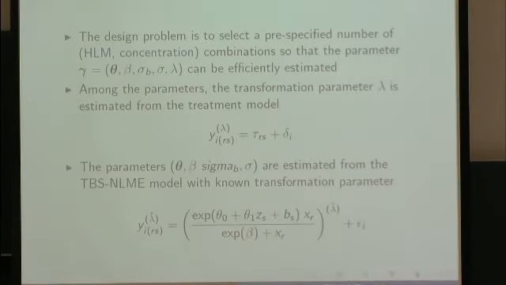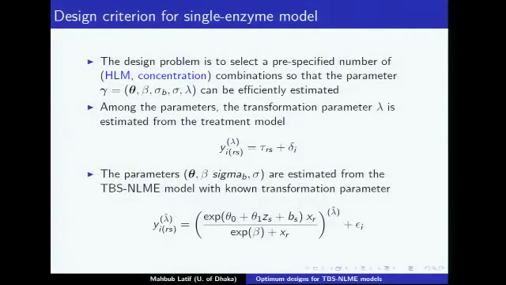And the next thing is how to design. If you know beforehand that you want to design for only one enzyme, this is the way to do it. I only want to design for one enzyme, I know this enzyme is good, so I want to design for this enzyme. So what is the design problem here?